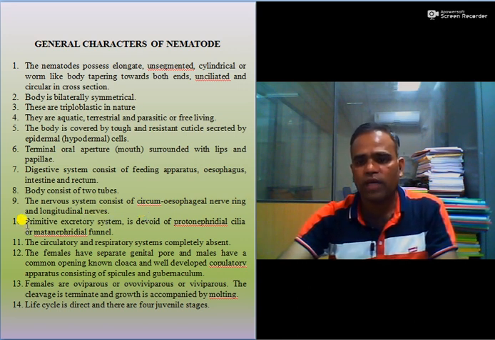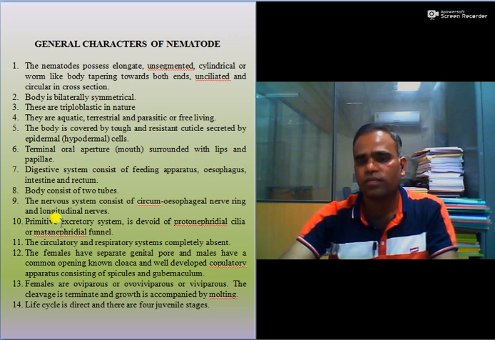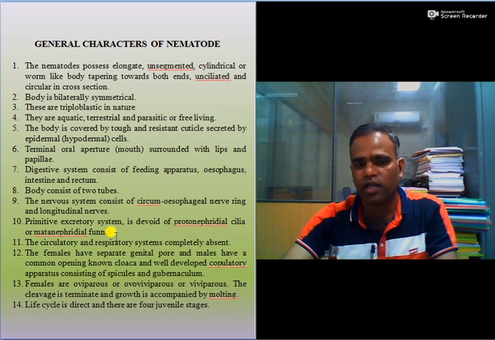Nematode is having a primitive excretory system. Why is it called primitive? Because it contains only a pore-like structure. There are no ciliated structures or cilia or hair-like structures present on the body of nematodes. So it is devoid of protonephridial cilia or metanephridial funnel.